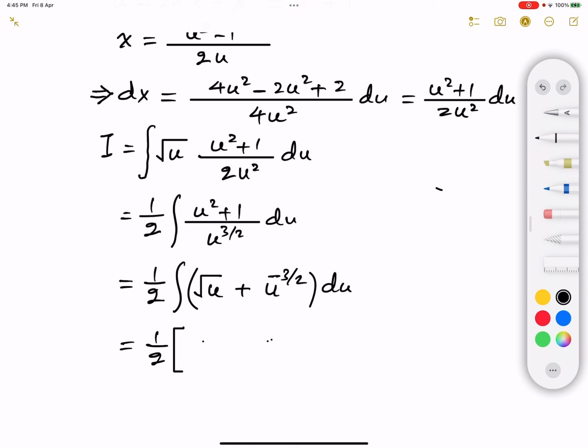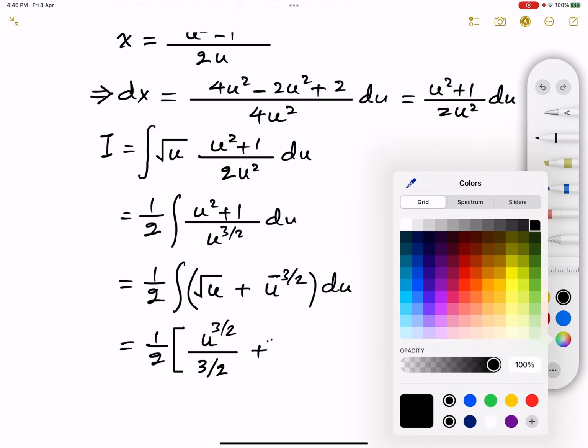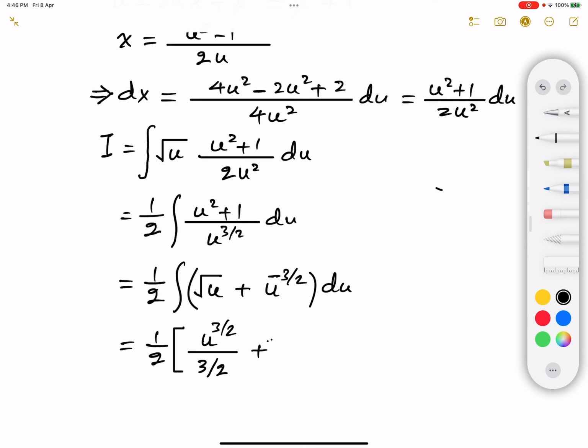That's u to the power half plus 1, which is u to the power 3 by 2 divided by 3 by 2, plus u to the power minus 3 by 2 plus 1, so that's going to give us u to the power minus half over minus half. I will close the bracket and I will add the constant c.